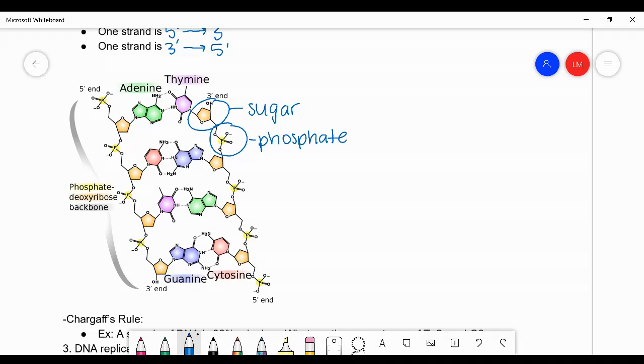So on this side, this strand is running 3 prime to 5 prime. And the one over here is 5 prime to 3 prime. Again, that's just the orientation of the sugar. So there we go.